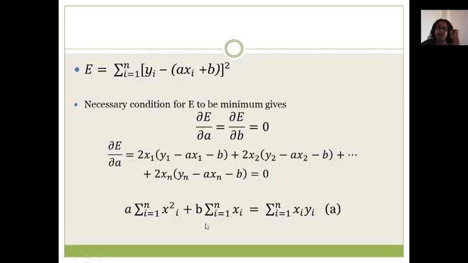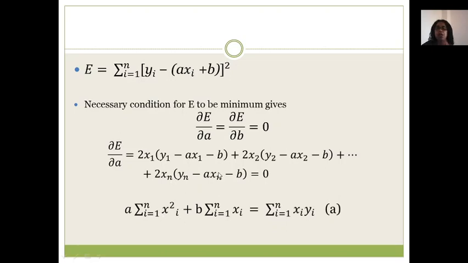On the next step, we are going to generalize this ∂E/∂a. You can see the terms xn yn, xn squared and xn b. Here we are opening the bracket. Instead of n, we are giving the subscript i and generalizing.